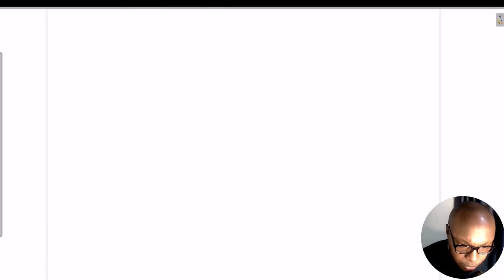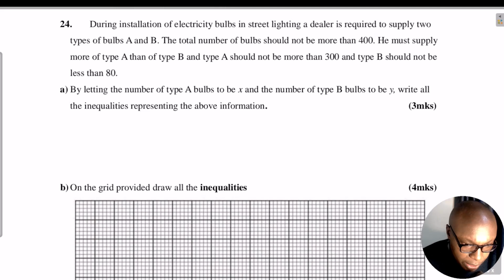Now, after going through that, let's go to the first part and we form the inequalities. So we start by letting the number of type A bulbs to be X and the number of type B bulbs to be Y. Then we're going to write the inequalities beginning from the second statement. The total number of bulbs should not be more than 400.